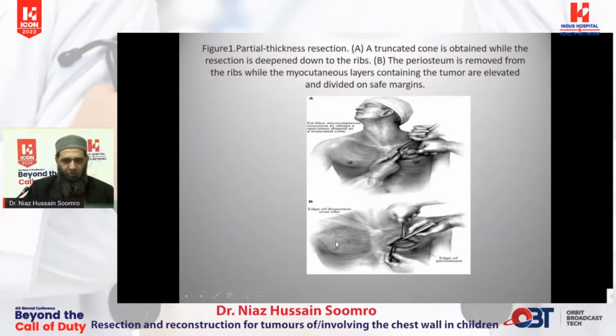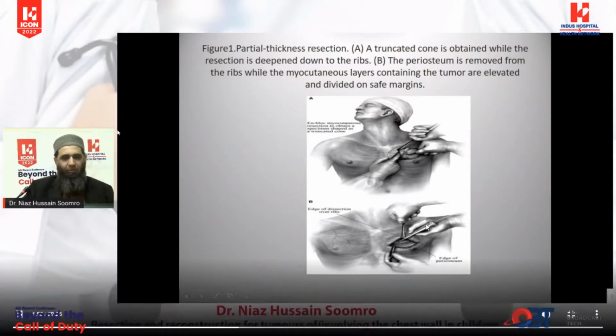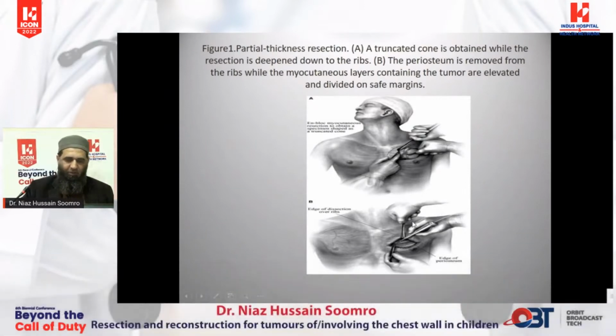In this picture, the periosteum has been removed from the ribs, and the myocutaneous layer containing the tumor is elevated and divided at the soft tissue margins. So elevate the tumor and resect all around. In truncated cone resection, it will be easy for reconstruction, especially in partial thickness.